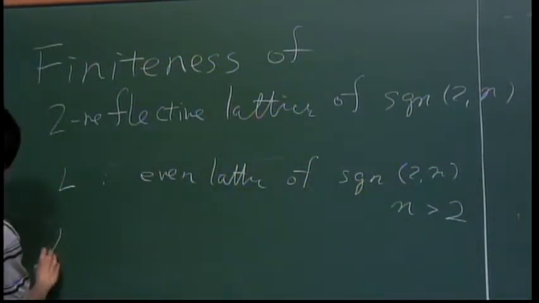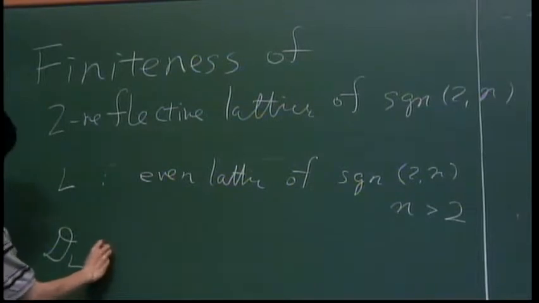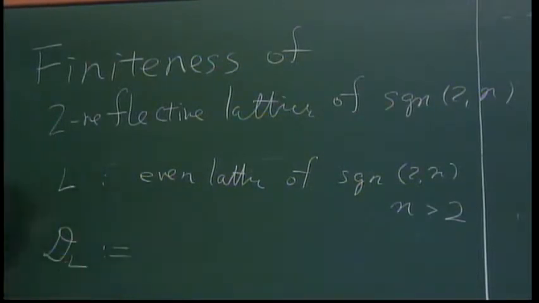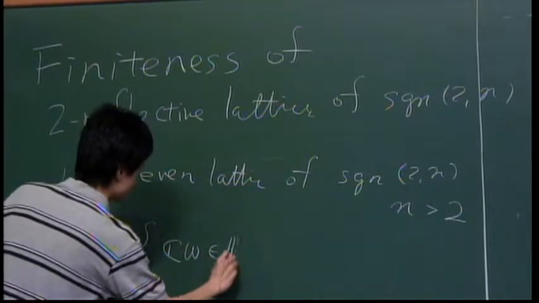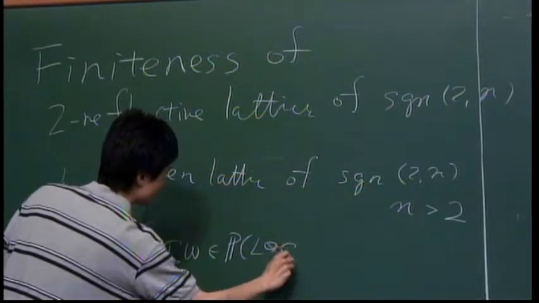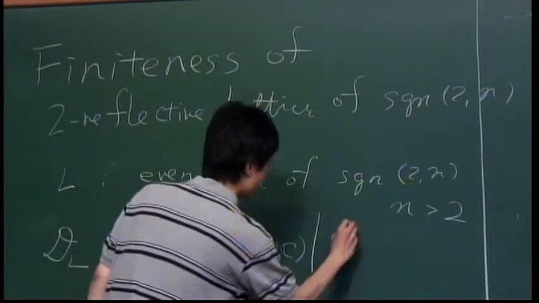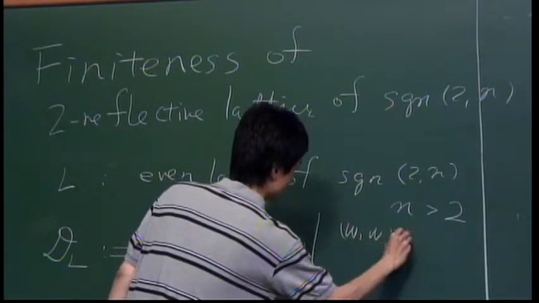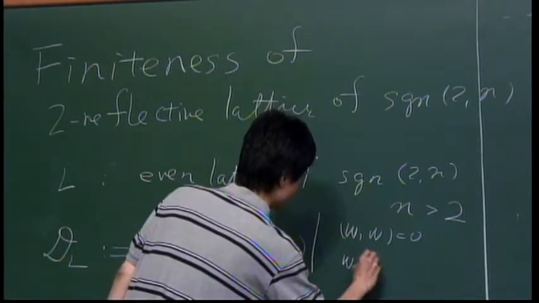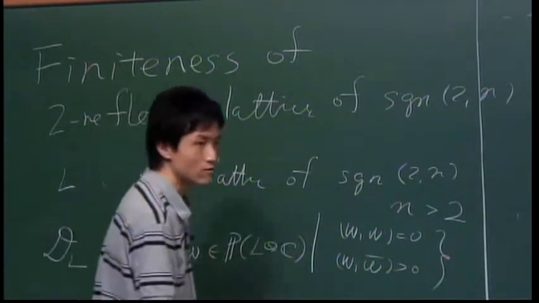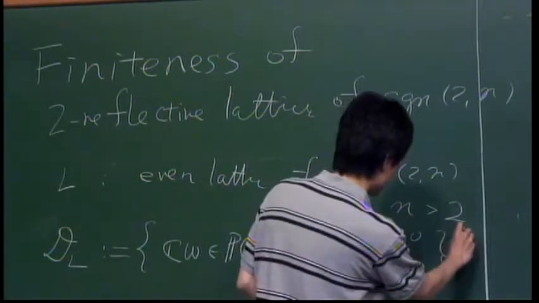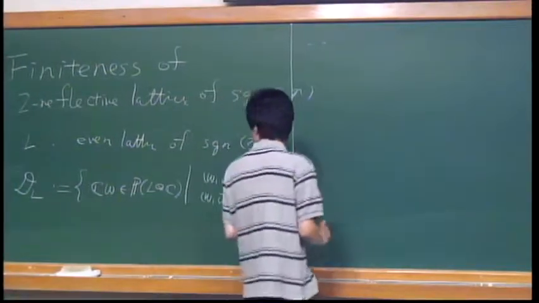And I write D_L, the Hermitian symmetric domain for L, which by definition is defined as follows. And this space has two components, as you know, and we take a connected component.